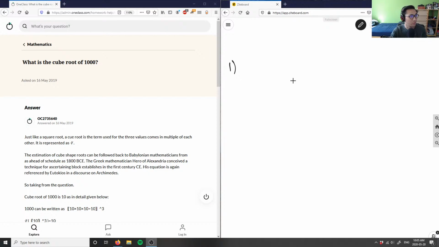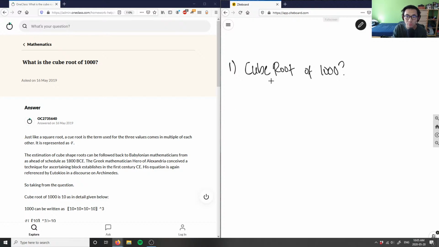All right, so our first question of the day is: what is the cube root of 1,000? We can rewrite this with a term.